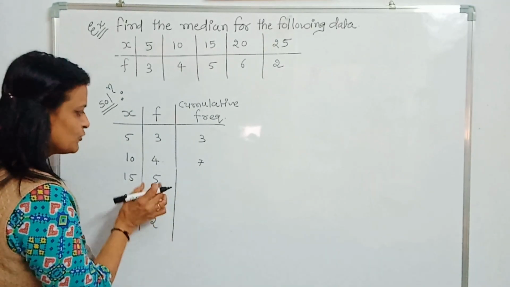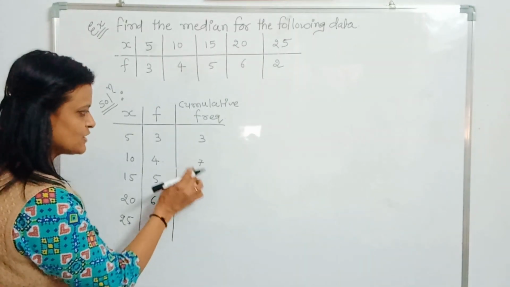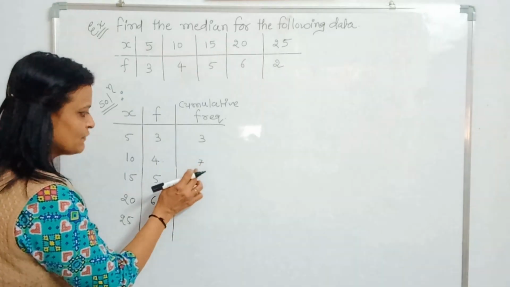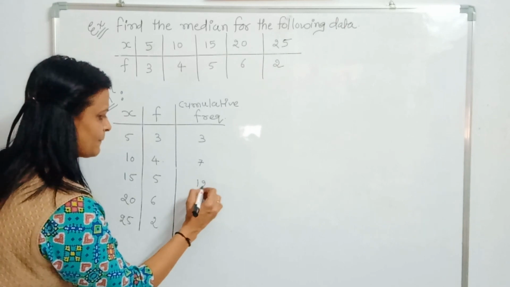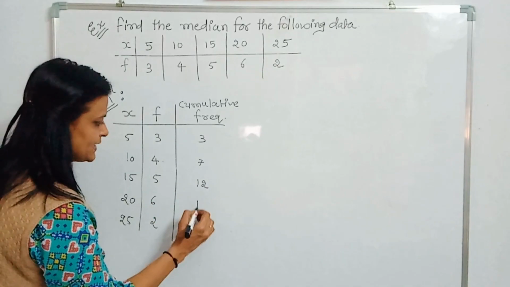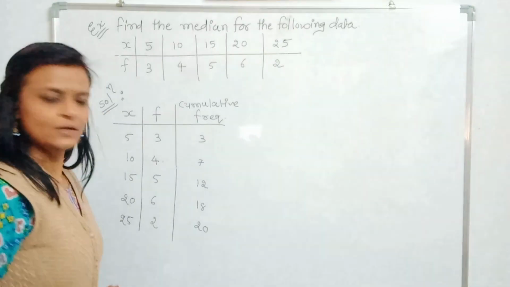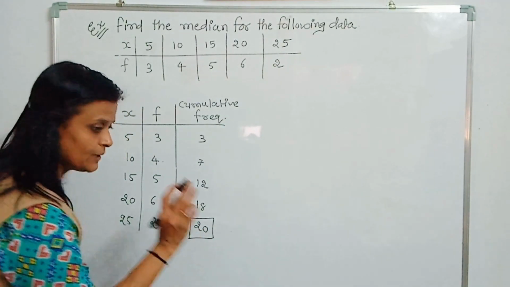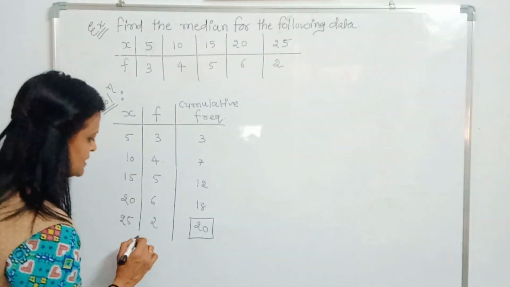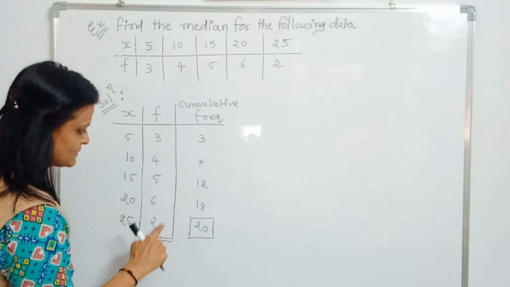Now to find out cumulative frequency of third row, we will add this previous cumulative frequency, that is 7, with the recent frequency, that is 5. So 7 plus 5, 12. 12 plus 6, 18. 18 plus 2, 20. So this 20 represents the total data, total number of data. The same number you will get if you will add all these f's.